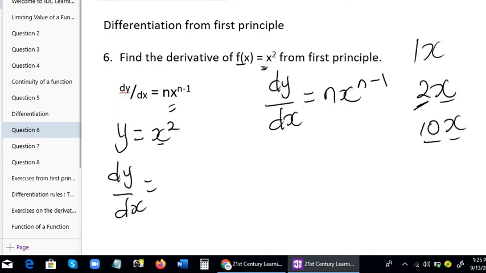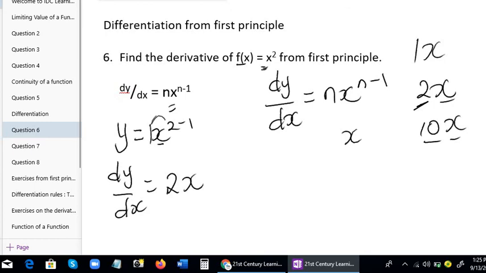So, now, since the power is 2 and there is an invisible 1, I said variables cannot stand on their own. So I'll use this 2 to multiply this 1. 2 times 1 will give me 2. I have my x. Once you use the power to multiply the coefficient like I've done to get 2, you now subtract 1 from the power.